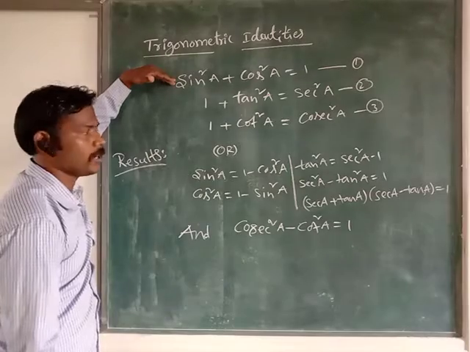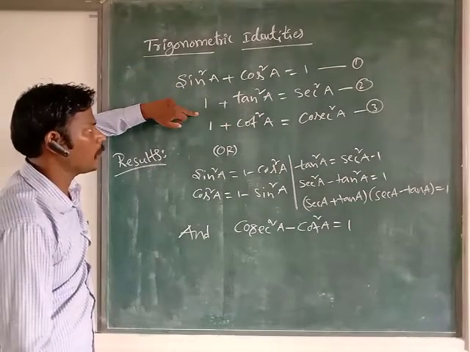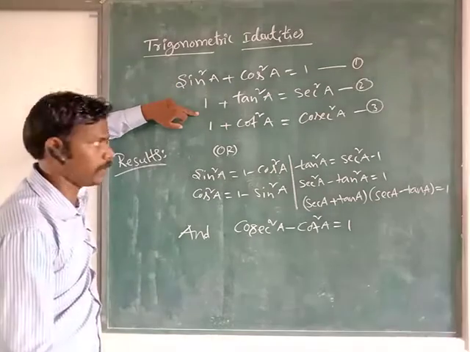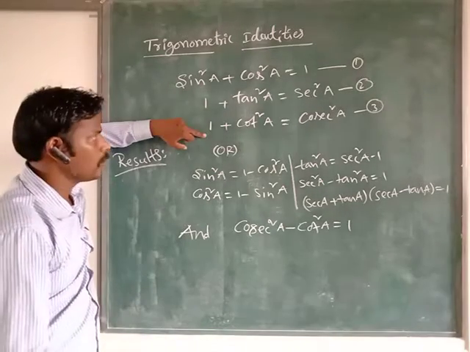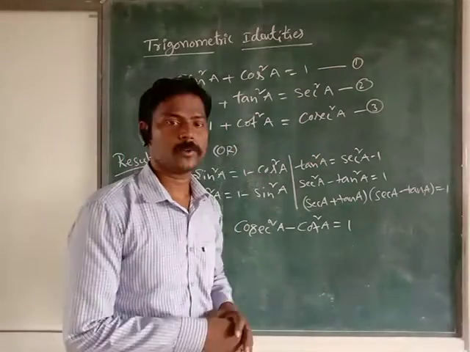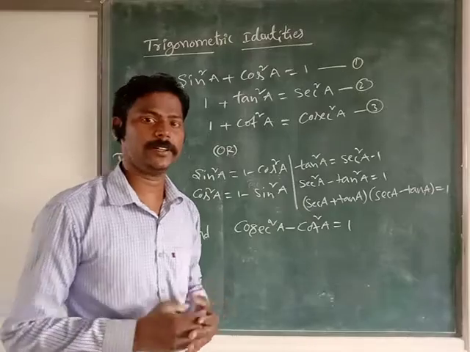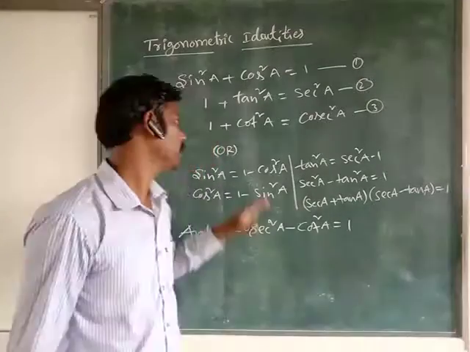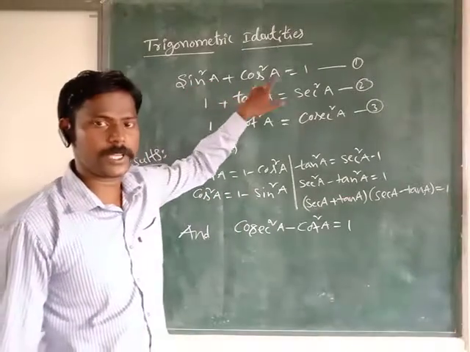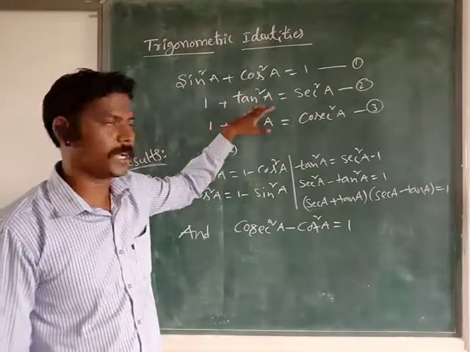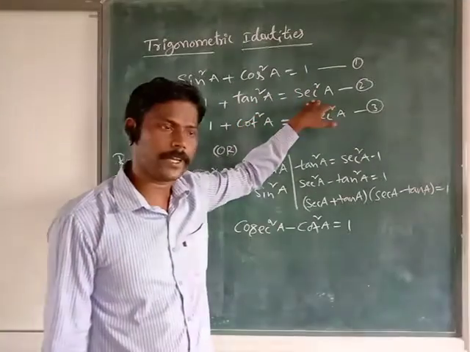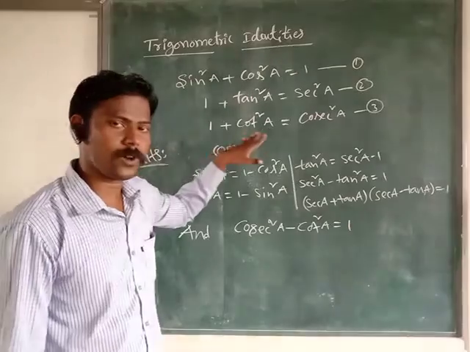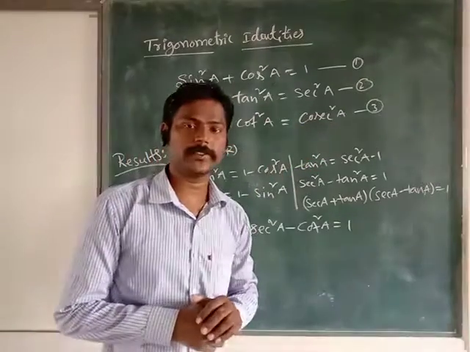Sin square A plus cos square A equal to 1. 1 plus tan square A equal to secant square A. 1 plus cot square A equal to cosecant square A. Once again, repeat along with me.